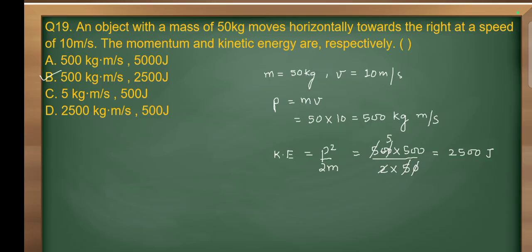We will put the value of mass and velocity, which is 50 into 10, which is equal to 500 kg meter per second. And the relation between kinetic energy and momentum is, that is, kinetic energy is equal to p square by 2m. We will put the value of p, that is 500 into 500, divided by 2 into mass, that is 50. So when we solve this, we will get 2500 joule. So option B is correct.